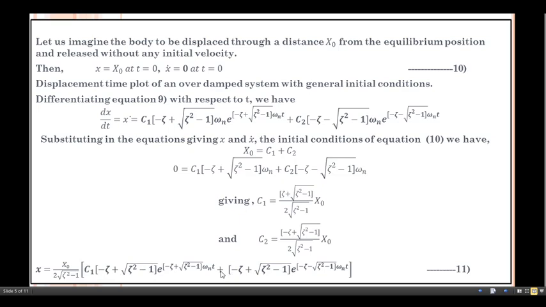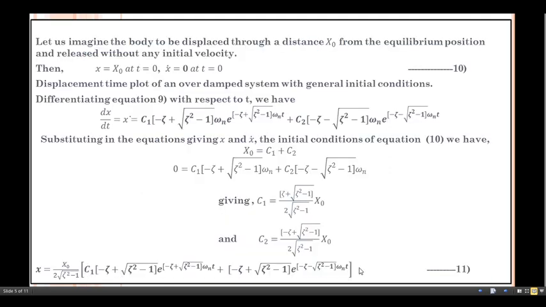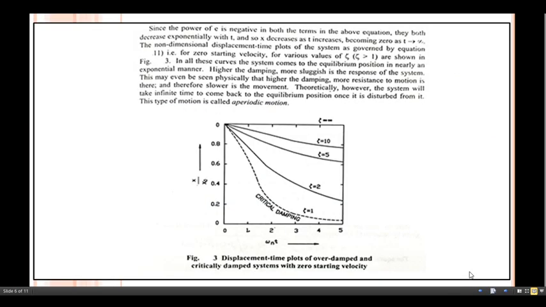This term will remain as it is, plus you have to replace this c2 term by this one. This term is taken common, so this is nothing but the c2 term, and this term will remain as it is. You can get equation number 11.